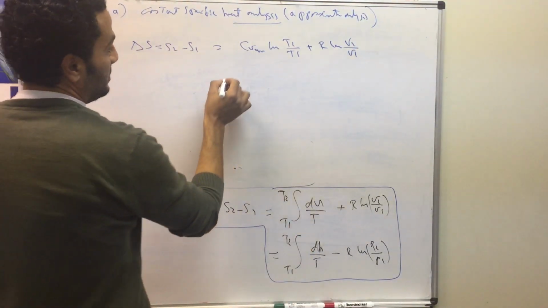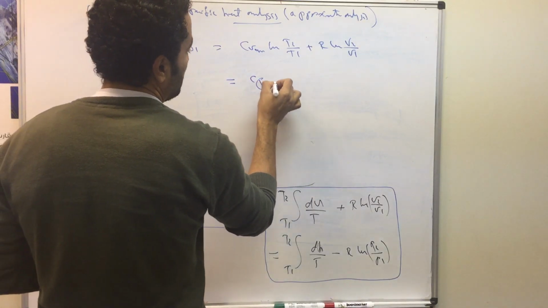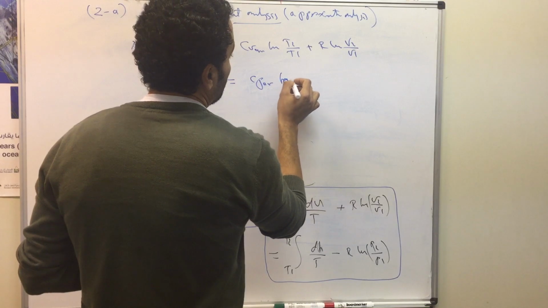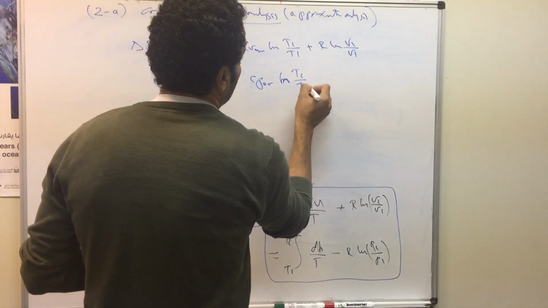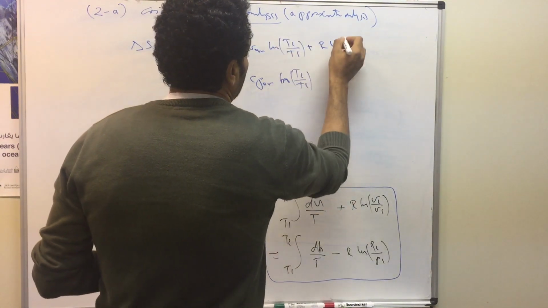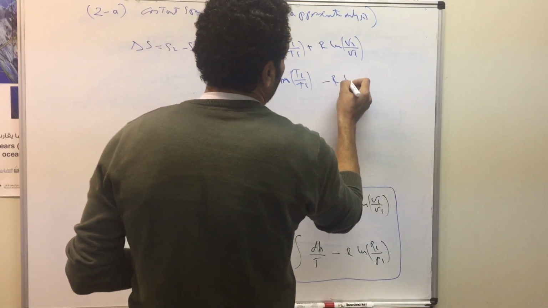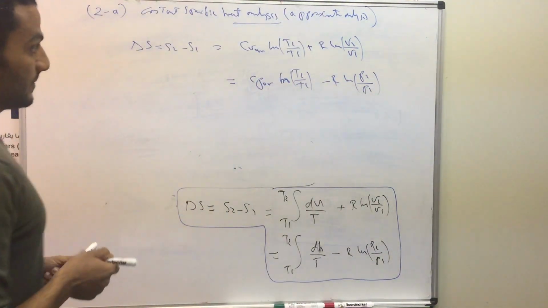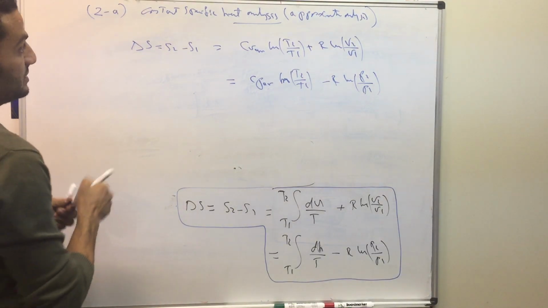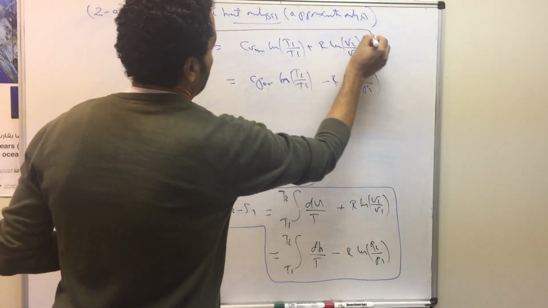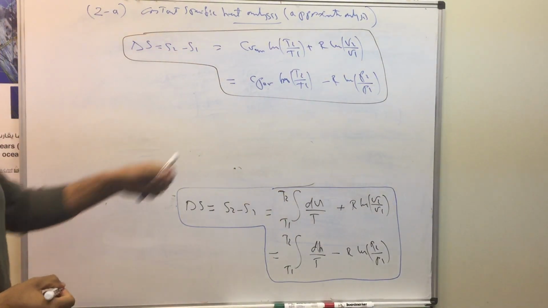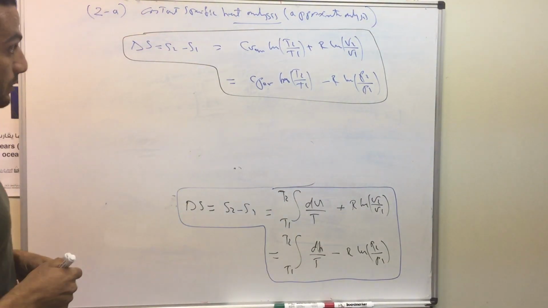The second integration, delta S will equal C_p average, integration of dT over T will be ln T2 over T1, minus R ln P2 over P1. So if you are asked to use the constant specific heat analysis and we need to calculate delta S, I will be using either of those two equations.